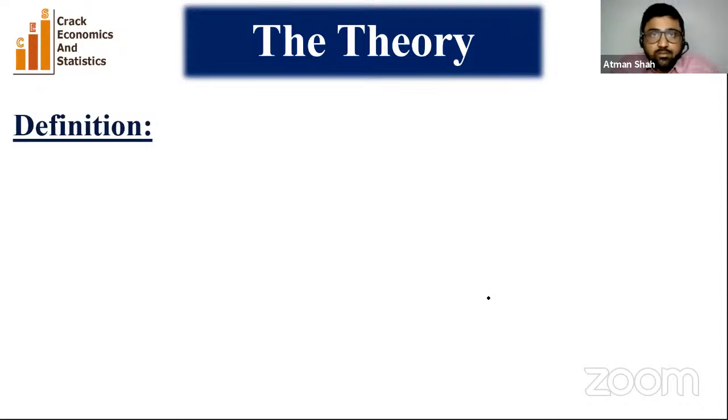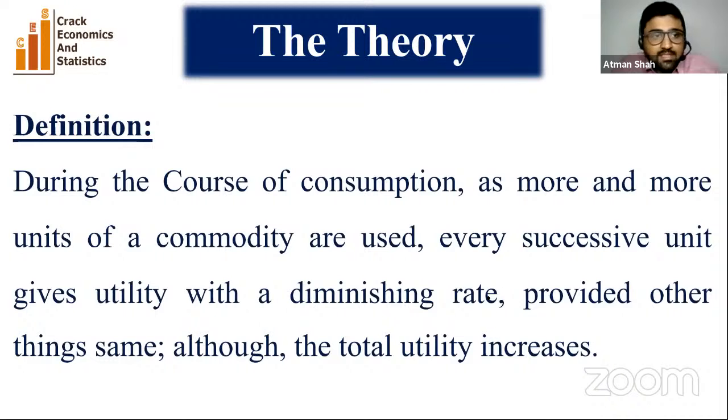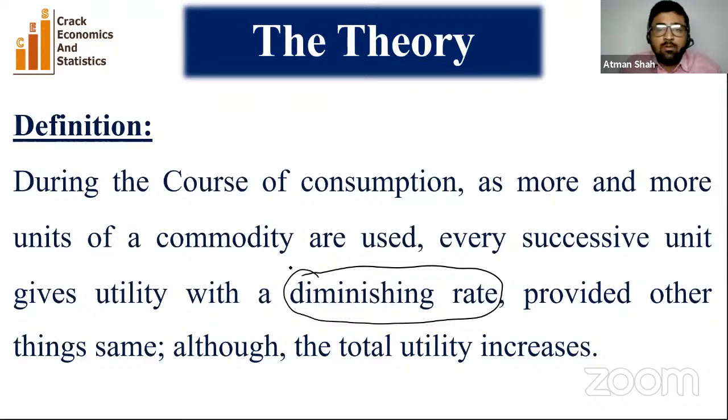Now, what is the definition of the law of diminishing marginal utility? Marshall says that during the course of consumption, as more and more units of a commodity are used, every successive unit gives utility with a diminishing rate, provided other things same.